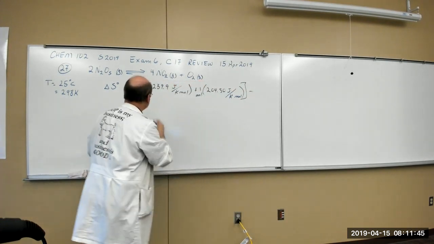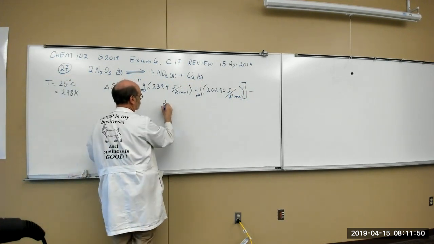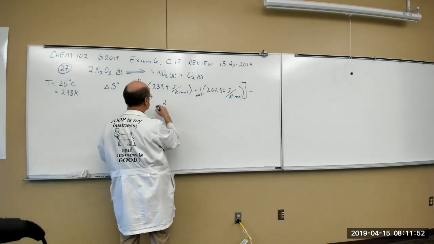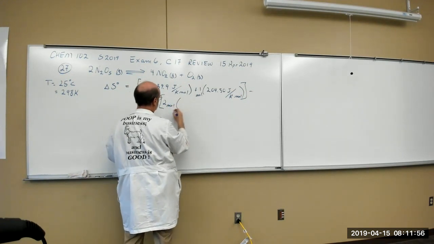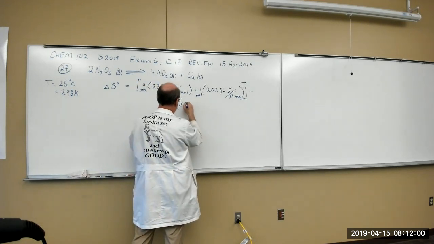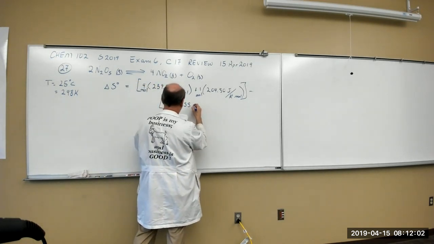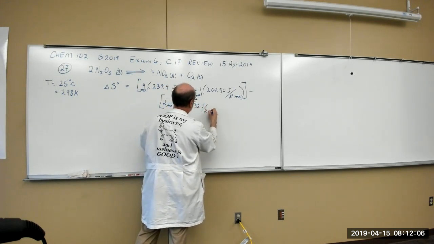Then we'll subtract the entropy of the reactants. And that's N2O5, joule per K mole.